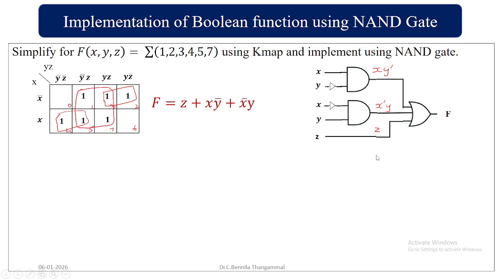The second thing is I have to convert all your AND gates to NAND gates. The simple thing is to introduce a bubble here. If I introduce a bubble, I have to give the compensation at the other end. So I am just giving the compensation on the other end. Here I have one more AND gate, so I include the bubble here, and then I give the compensation here.